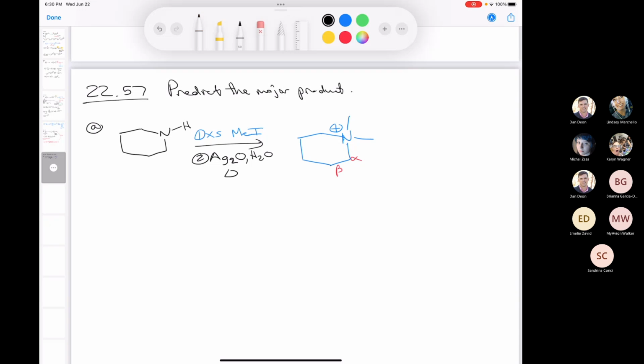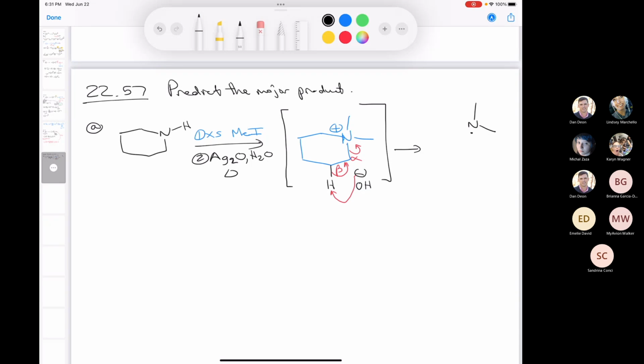When you do the elimination, you're going to be pulling off a beta hydrogen. After you treat it with aqueous silver oxide, you end up exchanging the iodide for a hydroxide, and that is the base that's going to rip off this proton, form a double bond, and then break this bond to put a pair of electrons on the nitrogen. Now let's draw what we end up with very carefully. I'm running out of space here, but look, you end up with two methyl groups on your nitrogen.